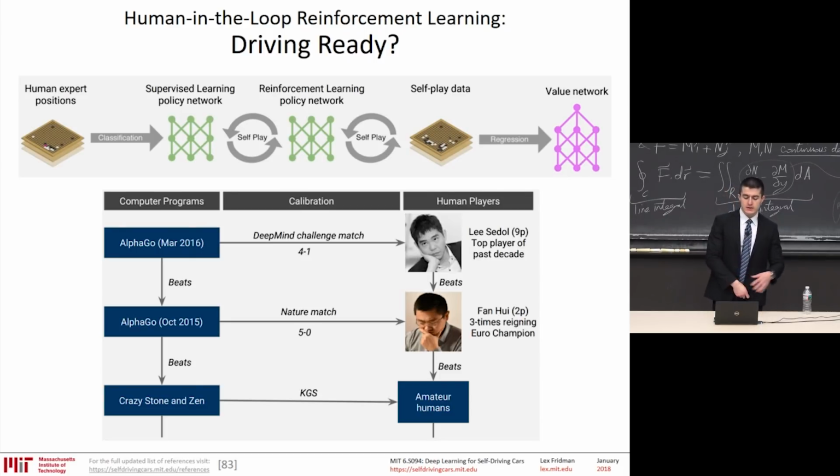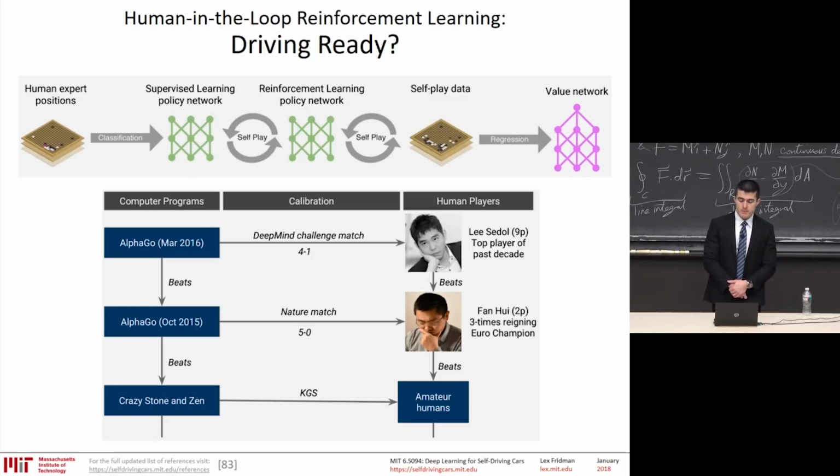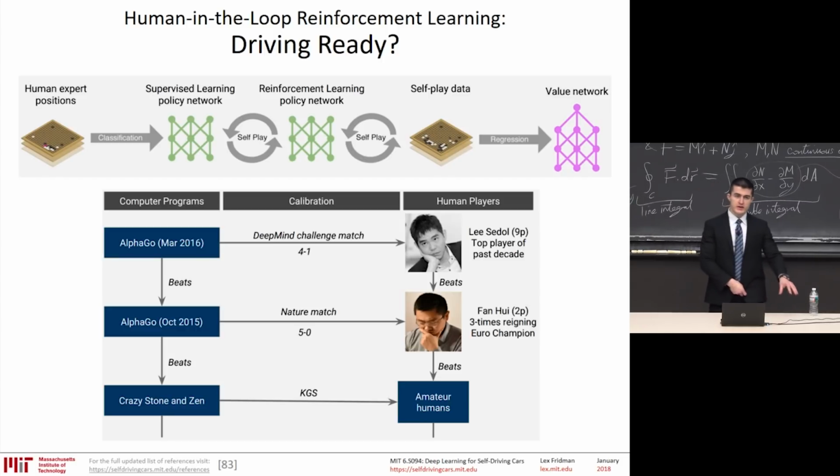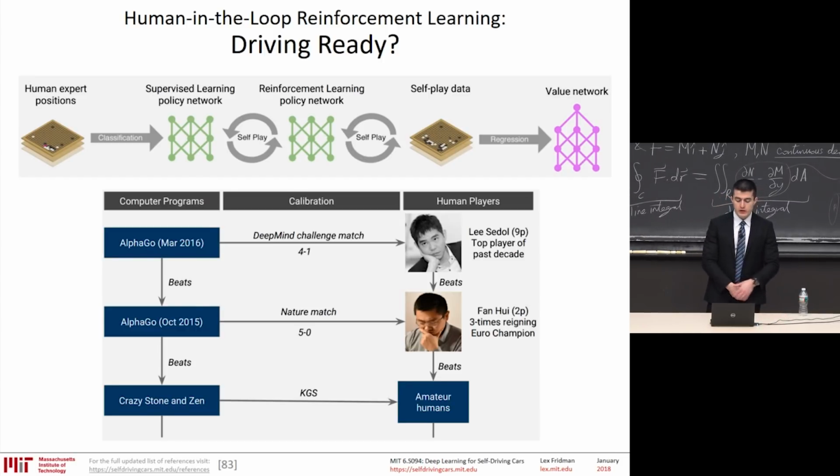We can't learn from scratch from self-play because that would result in millions of crashes in order to learn to avoid the crashes. Unless we're working like we are with DeepCrash on the RC car, or we're working in simulation. So we can look at expert data, driver data, which we have a lot of, and learn from it. It's an open question whether this is applicable.